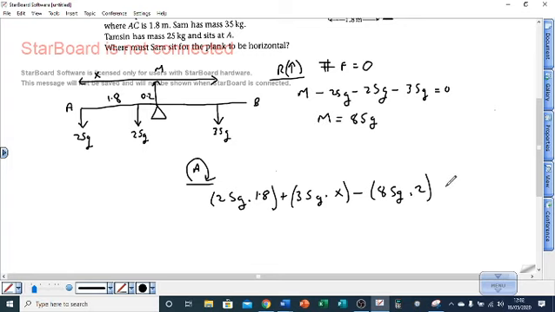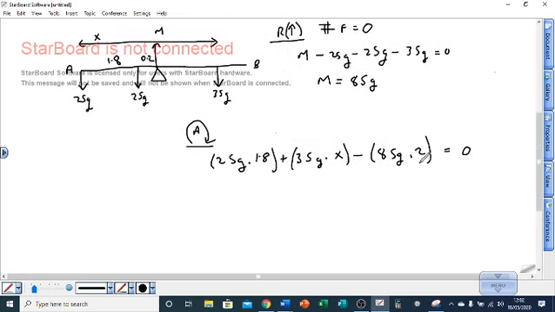And we know the sum of all those moments is equal to 0. We don't have to worry about this one because it's acting through the fulcrum. Every one of these contains G, so I can get rid of G.